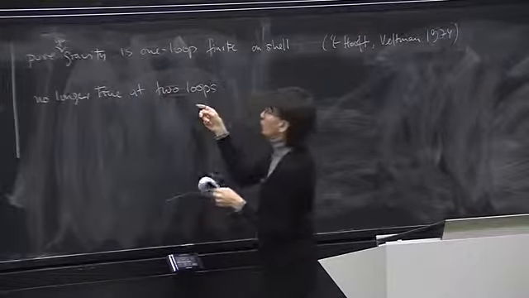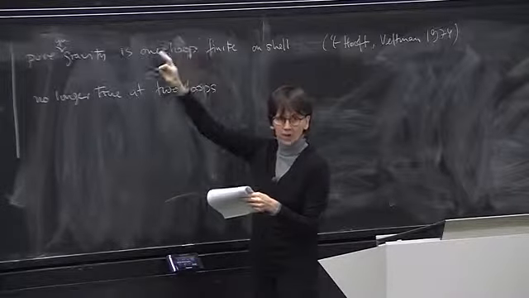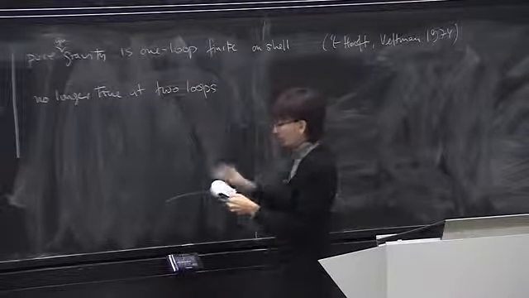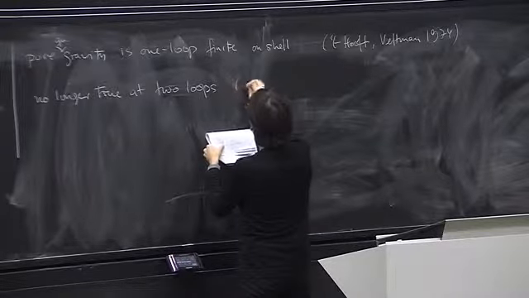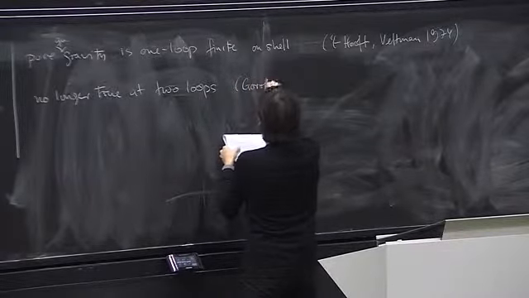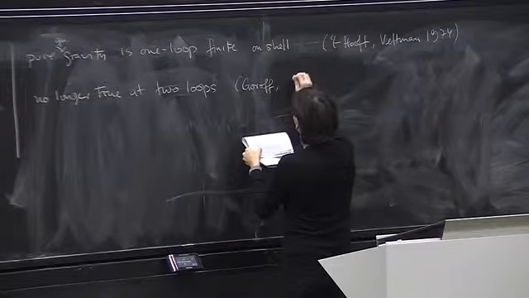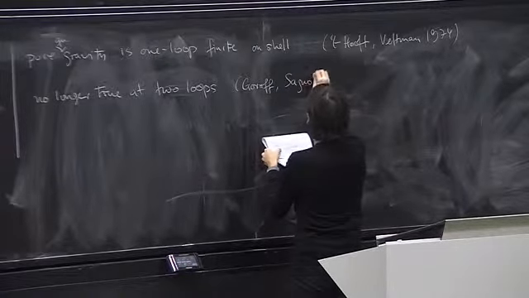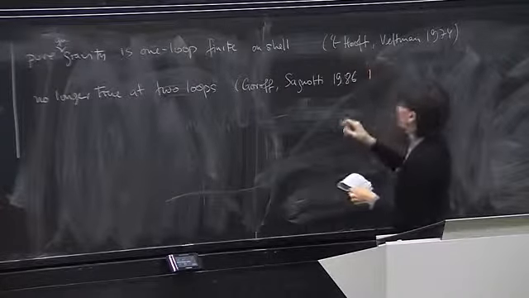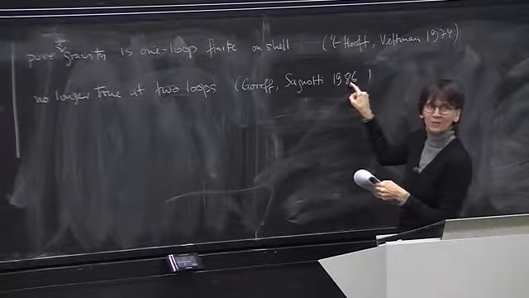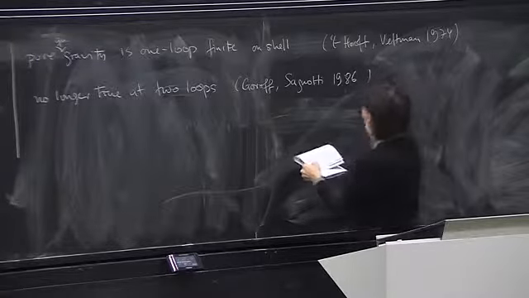And it's also no longer true if, say, I couple scalar matter. So this is the statement I'm making here for pure gravity. No longer true. And that is also a famous result by Goroff and Sagnotti from '86. And you can already see that it took quite some time to get to here.